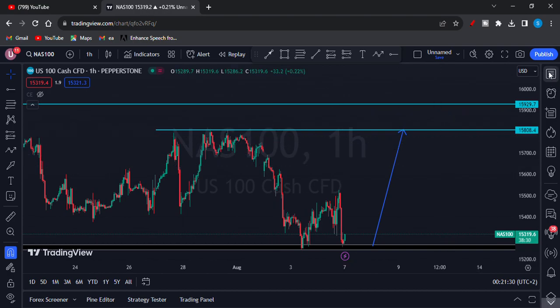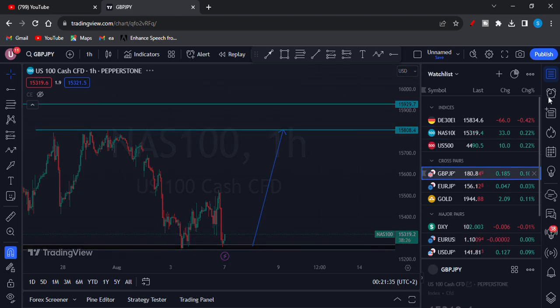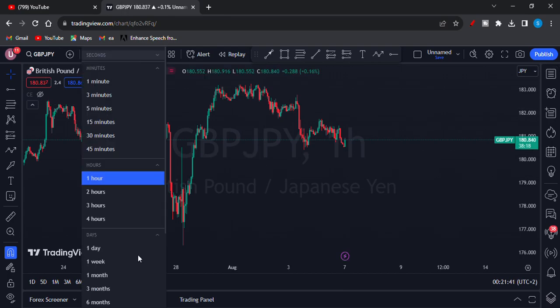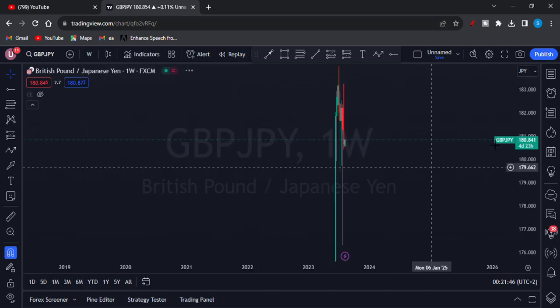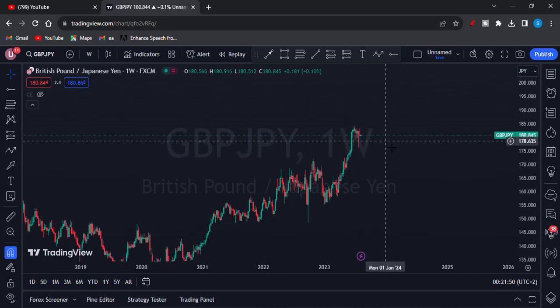And then let's check GBPJPY. Let's go to our weekly time frame and see the overall trend. Zoom out.